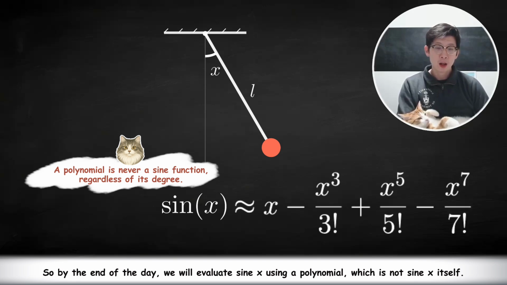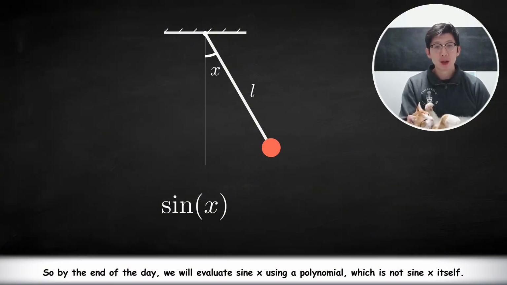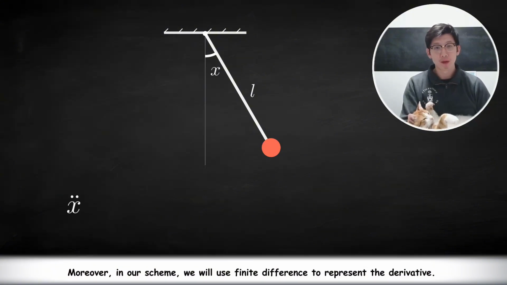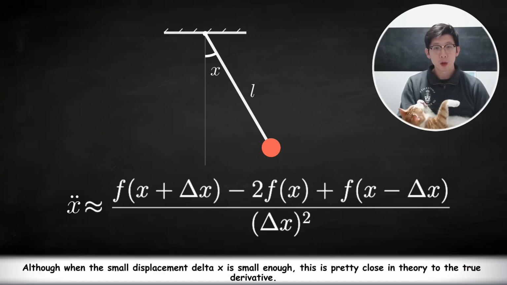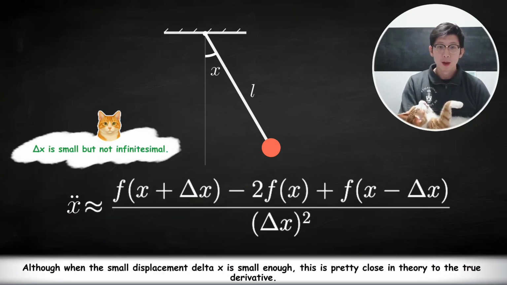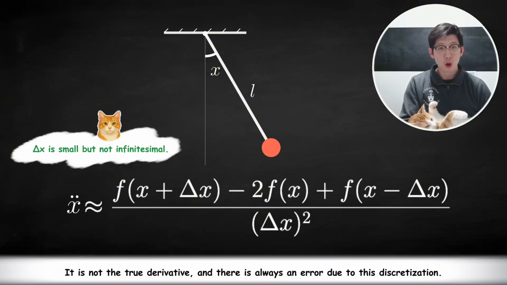So by the end of the day, we will evaluate sin x using a polynomial, which is not sin x itself. Moreover, in our scheme, we will use finite difference to represent the derivative, when the small displacement delta x is small enough. This is pretty close in theory to the true derivative. It is not the true derivative, and there is always an error due to this discretization.